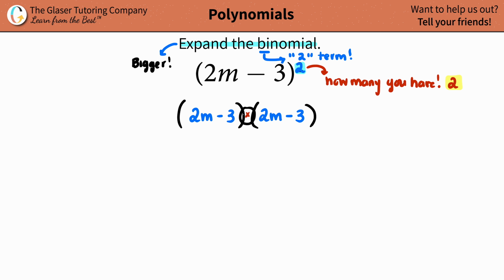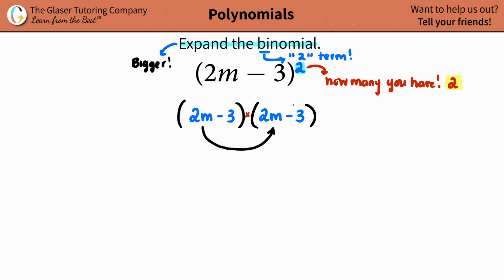So we know that we have to multiply. I'm going to take my 2m, and I must multiply it, right? But you would never multiply with values that are in the same parenthesis. That's a big no-no. It literally says subtraction here. So we must go across the parenthesis to do our multiplication. Now, the 2m is going to get multiplied by the 2m in the other parenthesis.